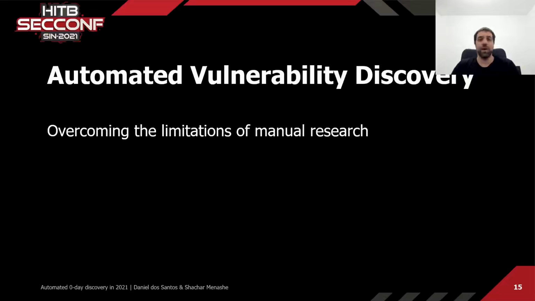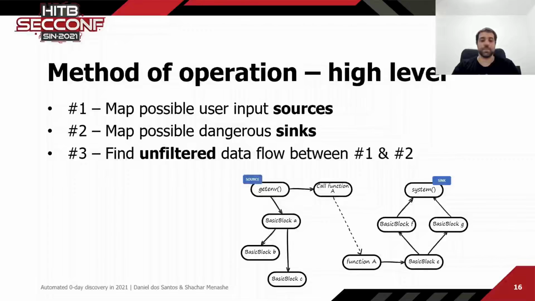So first of all, our method of operation of the system is going to be as follows. The system is going to map sources, that's user input sources. So basically these are variables and function calls that the system believes are coming from user input or external input. The second step is going to be mapping dangerous sinks.